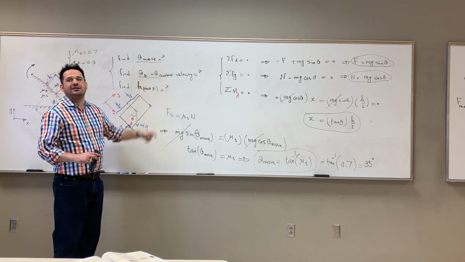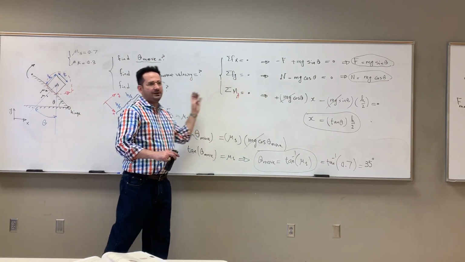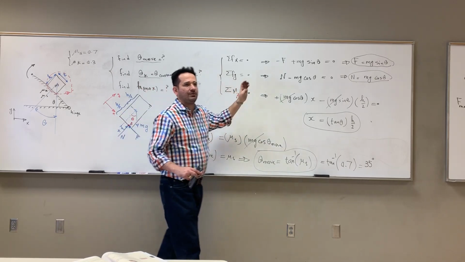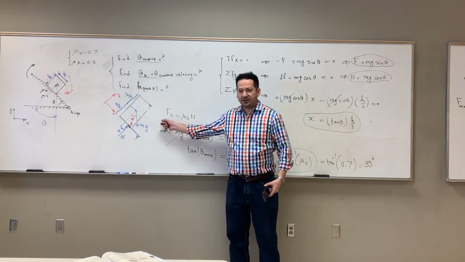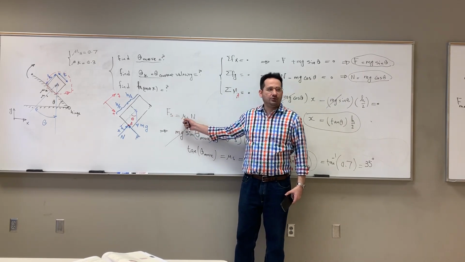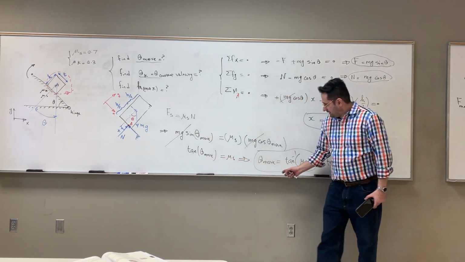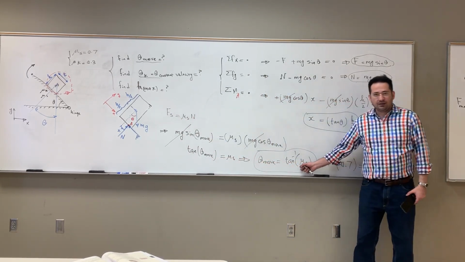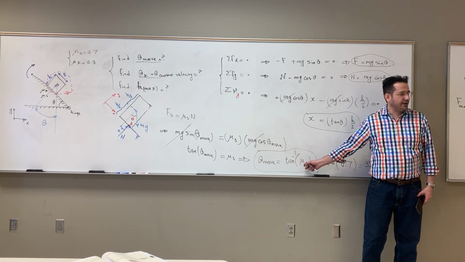With mu k, the only difference is this equation is still the same. FBD the same, equation the same, solve the same. The only difference is that when it's moving with constant velocity, you have Fk equal to mu k times N. That means in this relation, mu s is replaced with mu k.